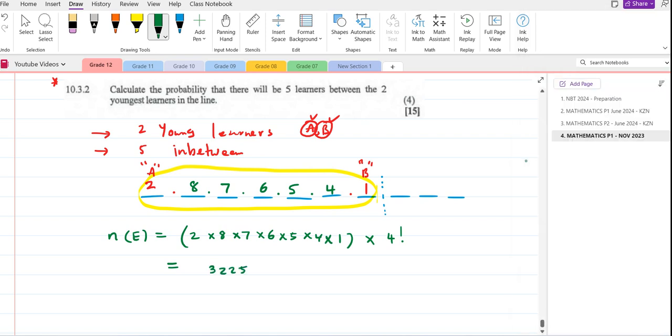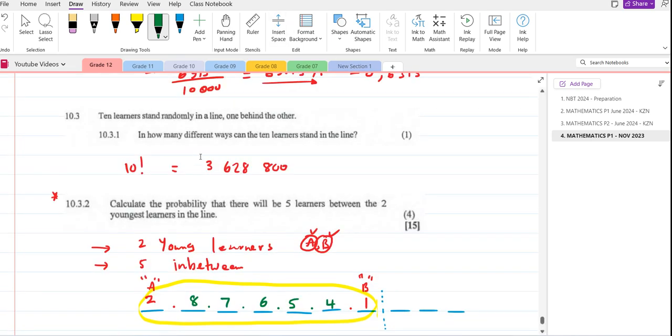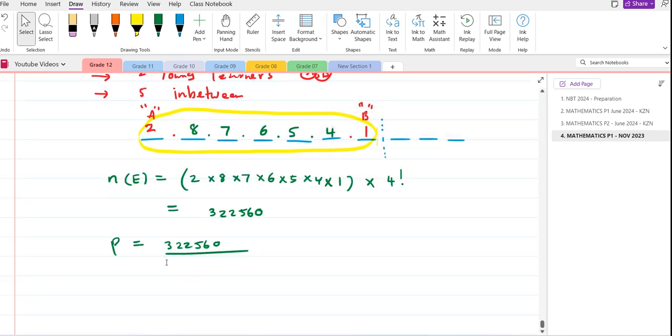Right, so my probability is going to be 322,560 divided by the total outcome, which is 3,628,800. And which is equal to that.